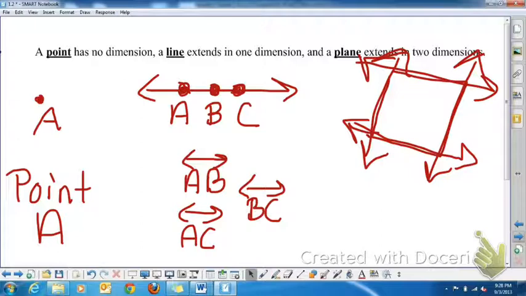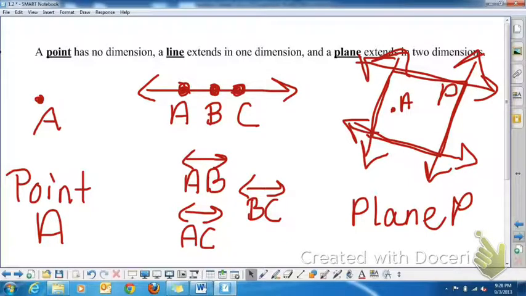You can name a plane by a capital letter that's indicated in the corner of it sometimes, like this could be plane P, or you can name it by any 3 points that are in this plane. So if you have point A, point B, and point C, I could name this plane ABC.